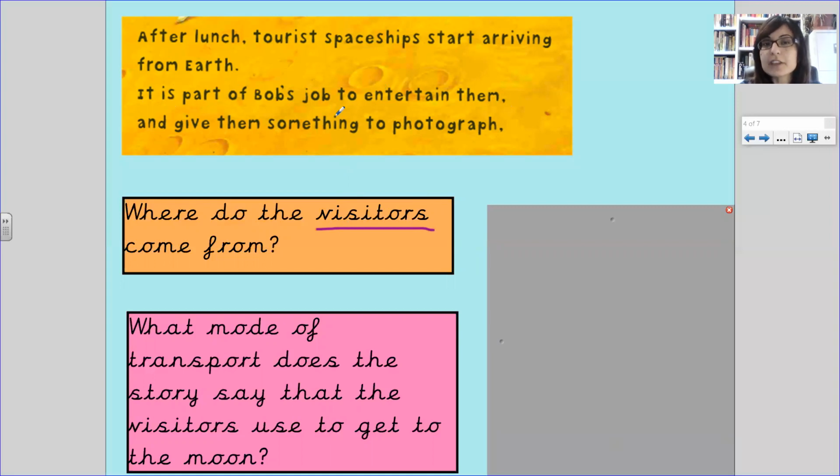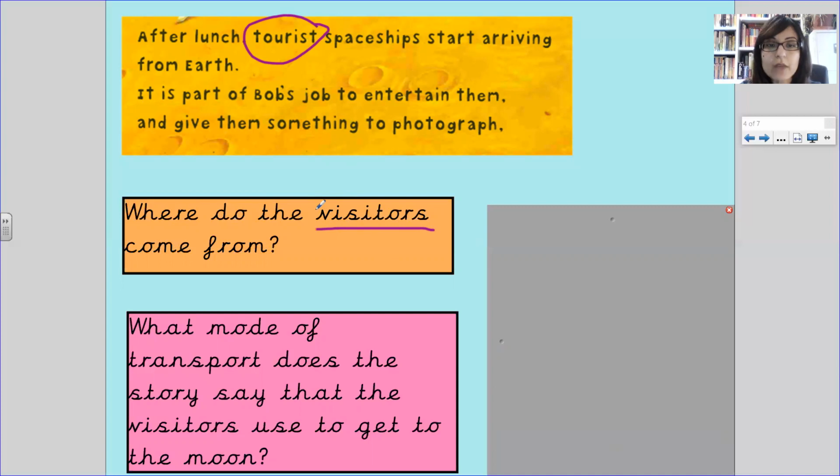Can you pause the video and turn to your teddy? Can you think of another word for visitor that is in our text here? That's right, tourist. And a tourist is a person who's going to visit, which you've had in your vocabulary.